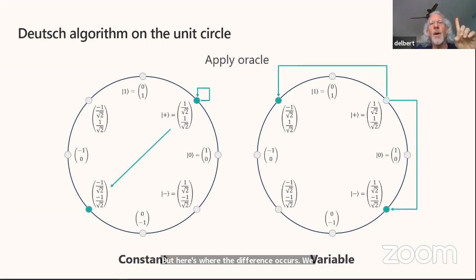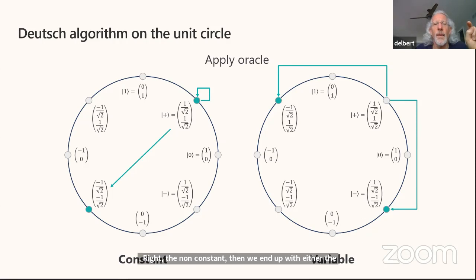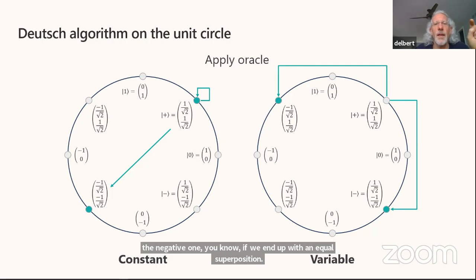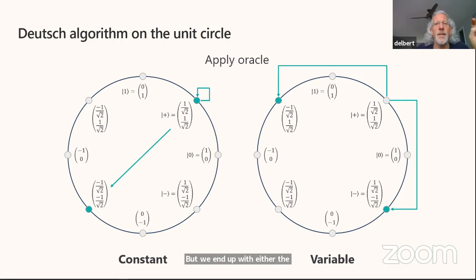We apply the oracle. And if we apply the oracle to the variable function, right, the non-constant, then we end up with an equal superposition, but we end up with either the phase of -1 in the top basis state or -1 in the bottom basis state.